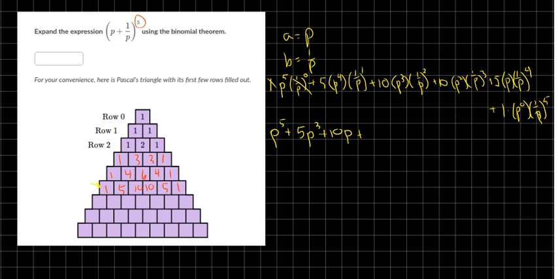And this is 10. This is P squared divided by P cubed. So it's 10 over P plus, and I've got a 5, and I've got P divided by P to the 4th, 5 over P cubed, plus 1 over P to the 5th.